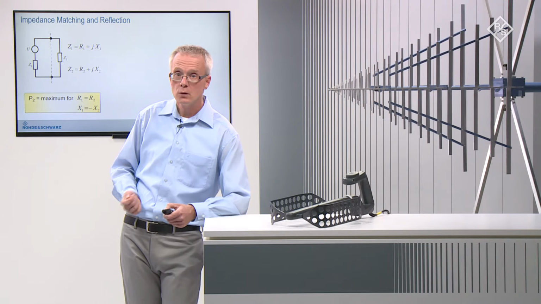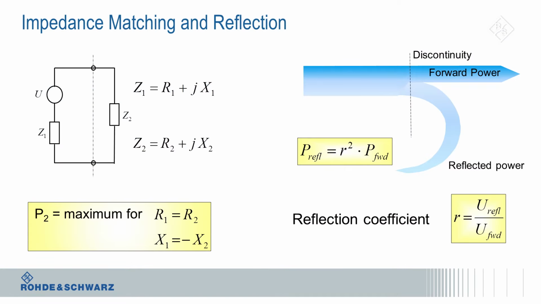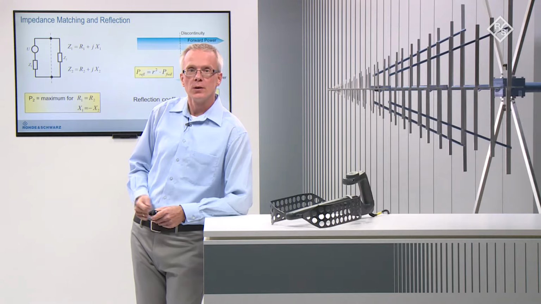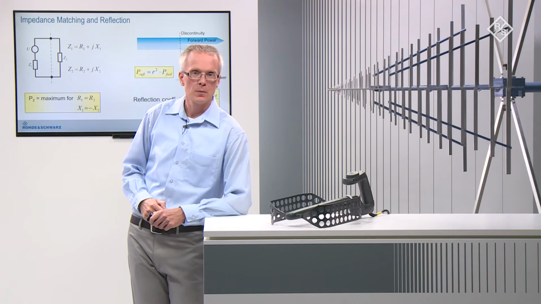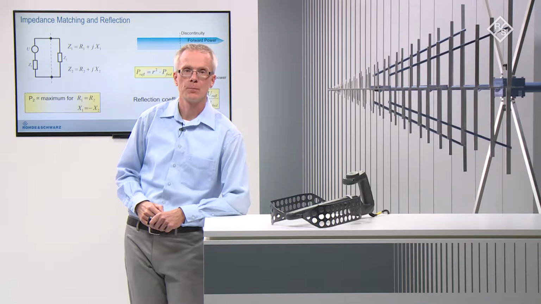If the impedance does not fulfill these conditions, a certain discontinuity occurs, like shown on the right. The effect of this discontinuity is best described for the transmit case, where a part of the power is reflected and consequently does not reach the antenna.